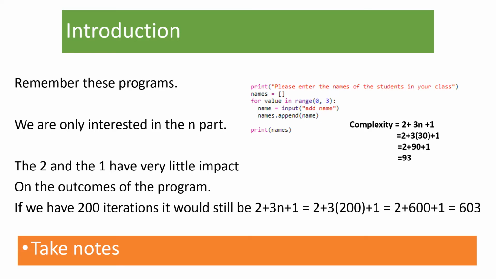It's still the same algorithm that we're using. We'd have 2 plus 3 times 200, which is 600, plus 1, which is 603. So remember, as we double the amount of data, we double the time.